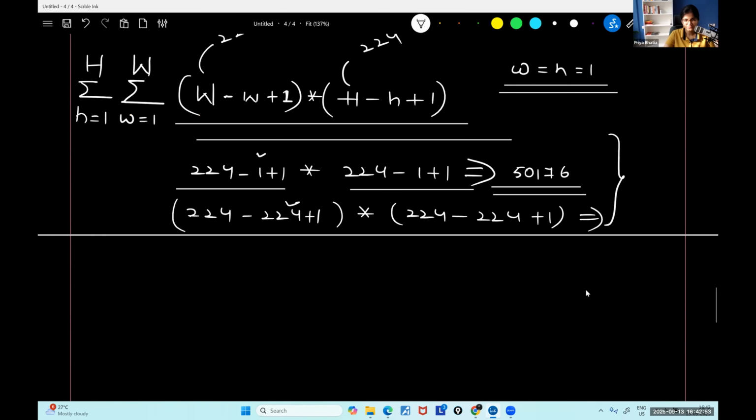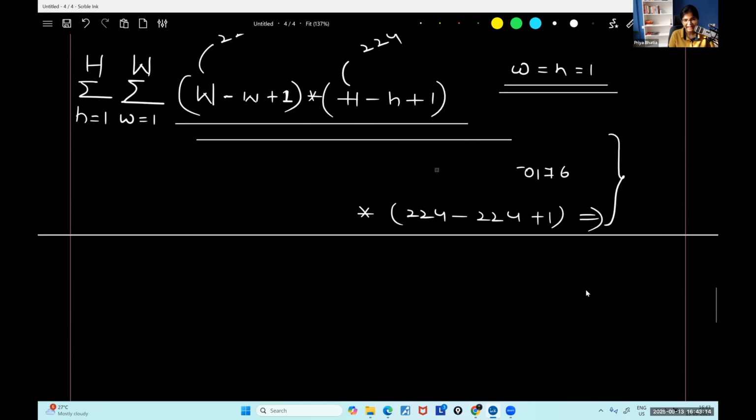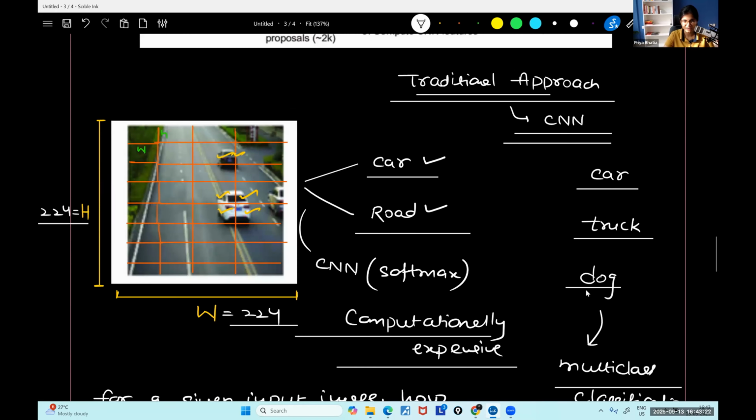If we try to apply all the permutations and combinations, starting from w and h unit as 1 till 224, can we say that this is a very huge number which we will get at the end of the day? Right, everyone? That is the consideration which researchers have also realized, and because of that they came up with RCNN. Do you get the problem clearly before we jump towards what RCNN does?